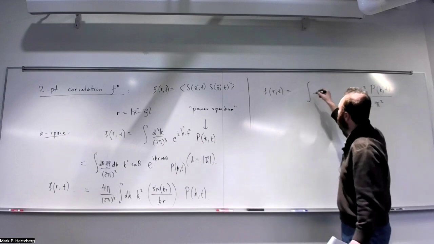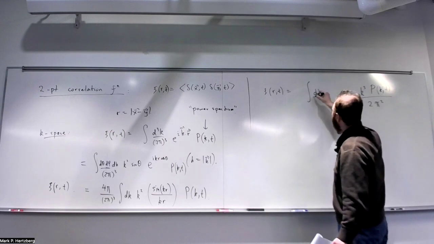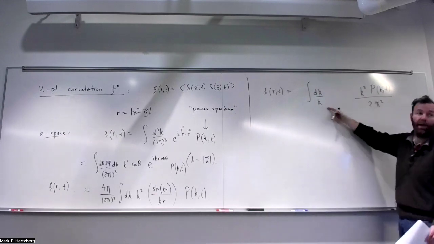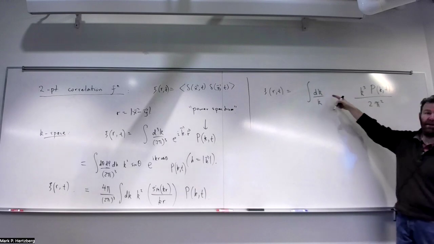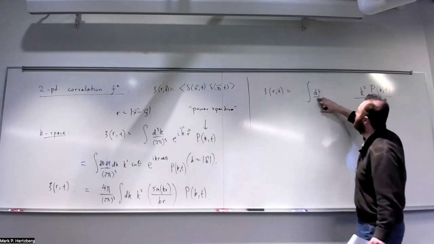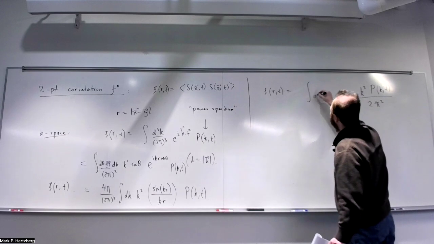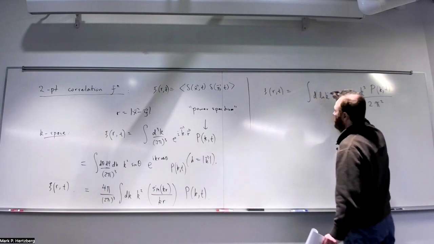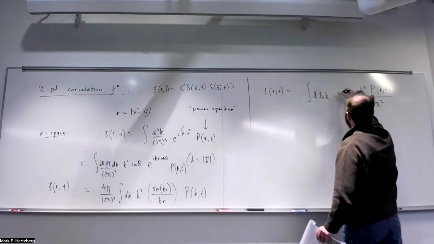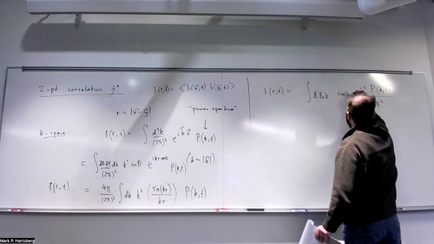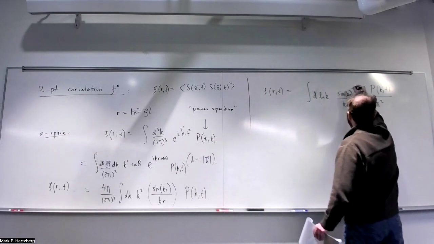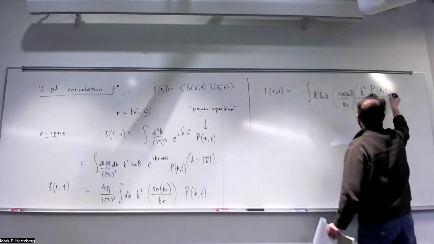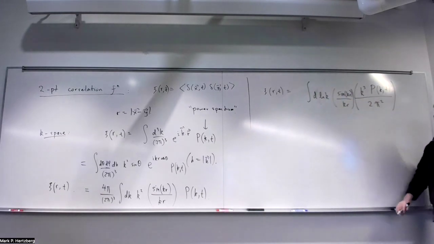And then I have to compensate by writing dk over k. I can do that. But this, if you like, is d log k. Okay, so let's just write that as d log k. And then this sine function. All right.